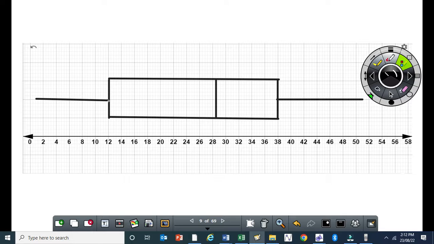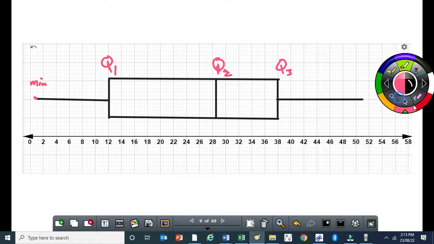So this will be the box and whisker plot. We have our minimum there, then we have Q1, and then we have Q2, and then we have Q3 and the maximum.